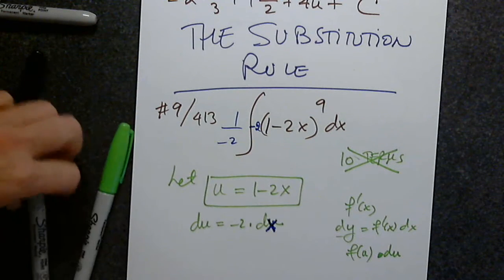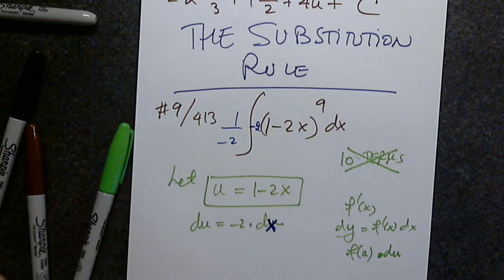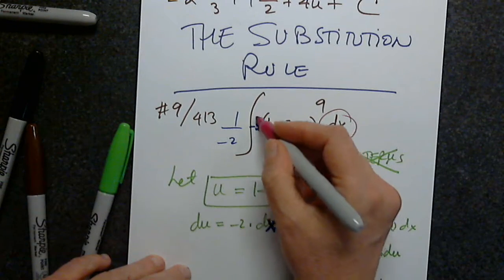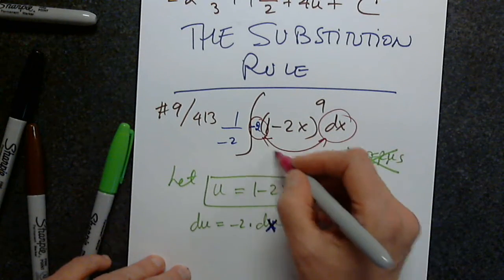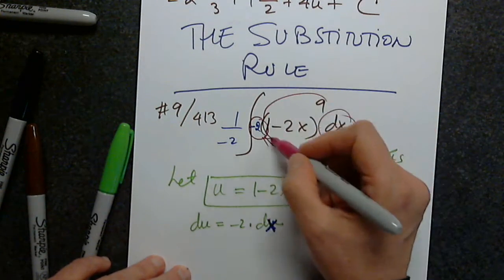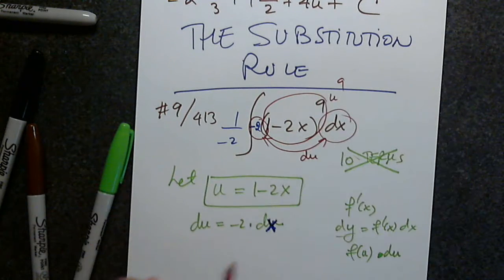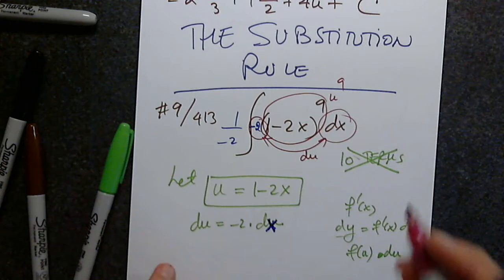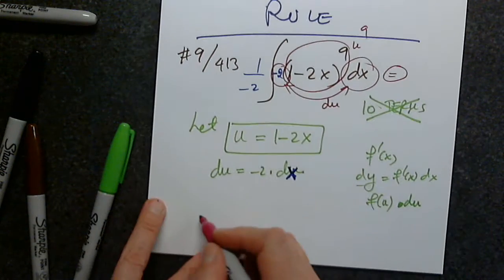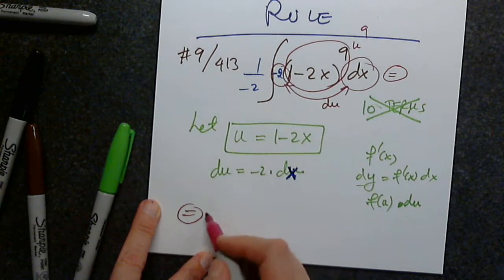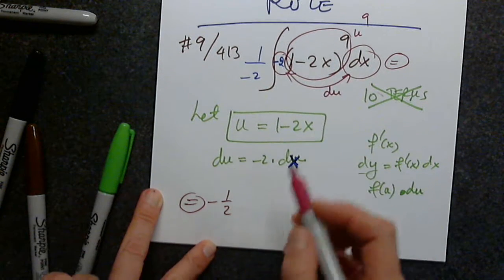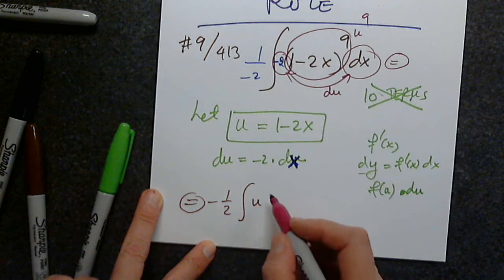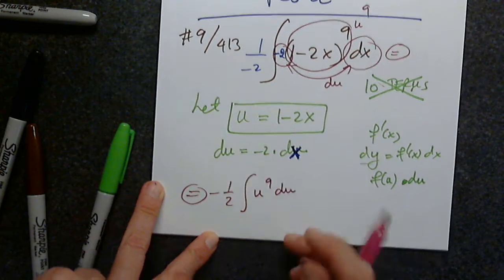But here's what I accomplished with that. This is the du, and this is u to the 9th power. So therefore, I have negative 1/2 in front. Let's see what happens again. u to the 9th power du.